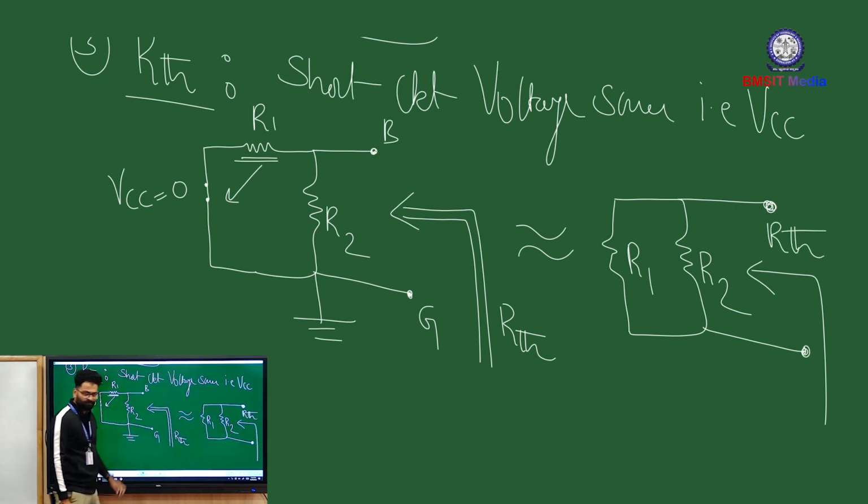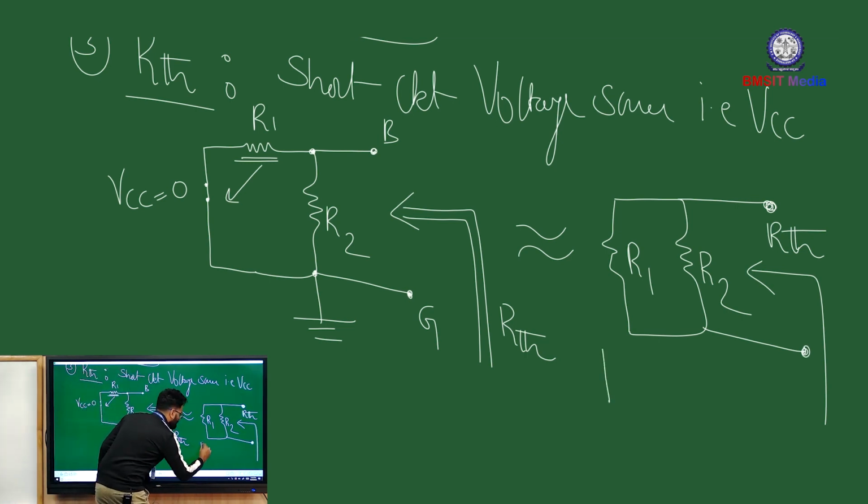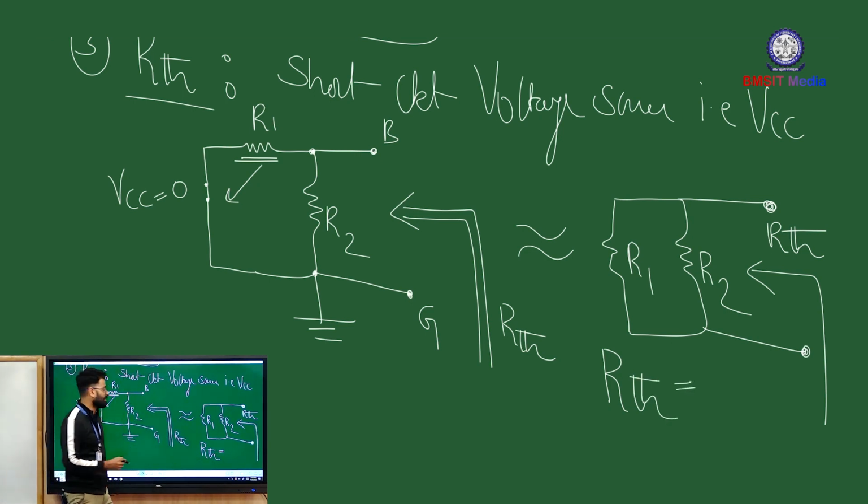With the equivalent network, you can clearly observe that these two ends are connected together and the other two ends are connected together. That is nothing but your parallel connection. So for a voltage divider bias circuit, your RTH boils down to parallel connection of R1 and R2.